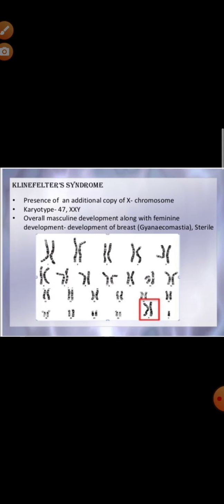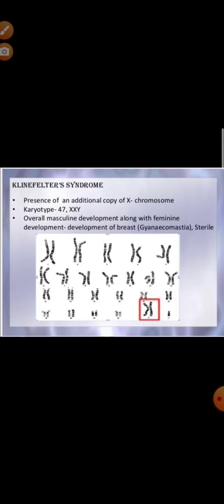Next, Klinefelter syndrome. What is the cause? Presence of an additional copy of the X chromosome which results in a karyotype of 44 plus XXY. This is basically the cause. What are the symptoms? The sex of the individual is masculine, but they will possess feminine characters.